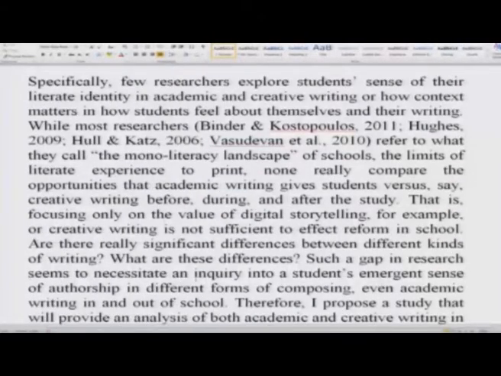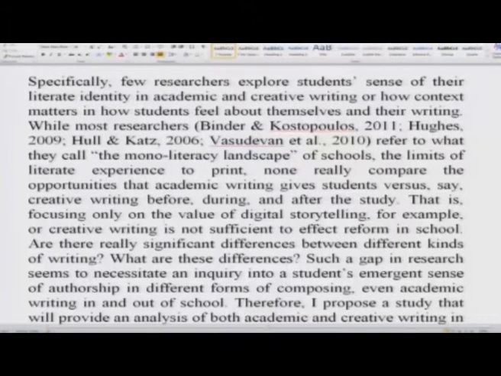Specifically, few researchers explore students' sense of their literate identity in academic and creative writing, or how context matters in how students feel about themselves and their writing. While most researchers, Binder and Kostopoulos 2011, you can also see there are more studies cited, refer to what they call the monoliteracy landscape of schools, the limits of literate experience to print.